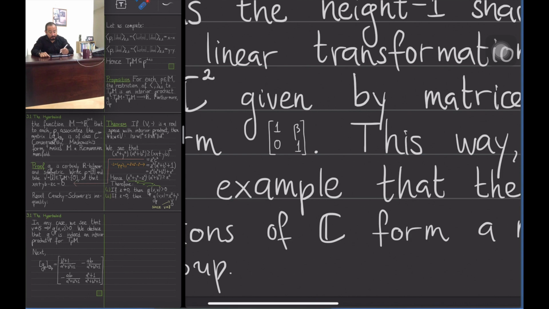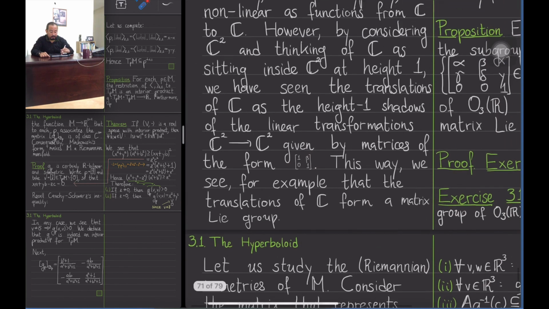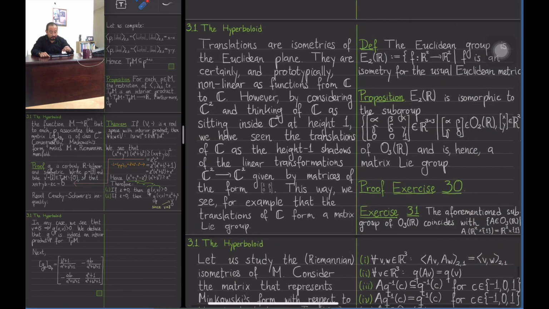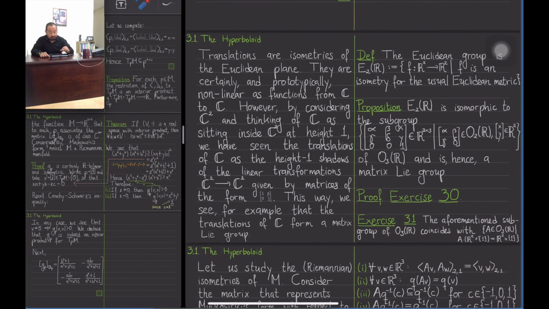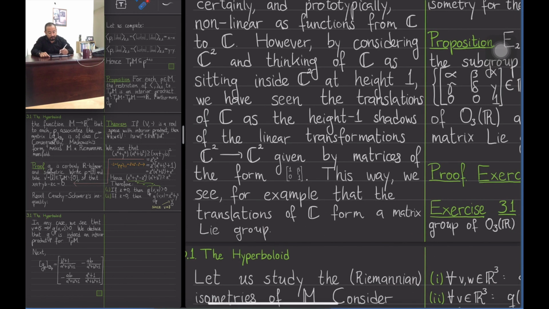Right? And then later on we interpreted this as the parabolic Möbius transformations that fix the infinity.